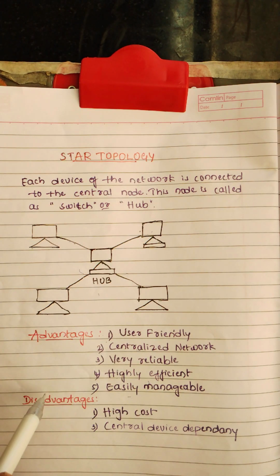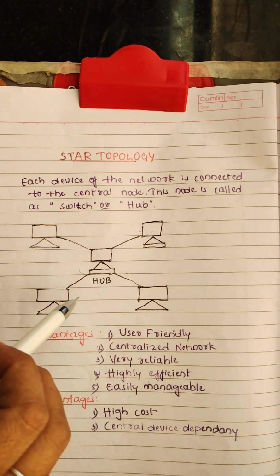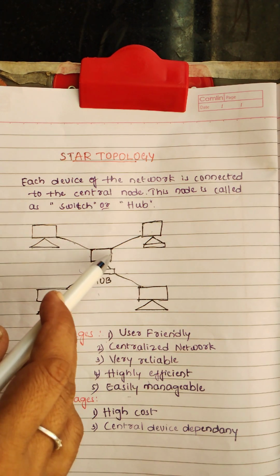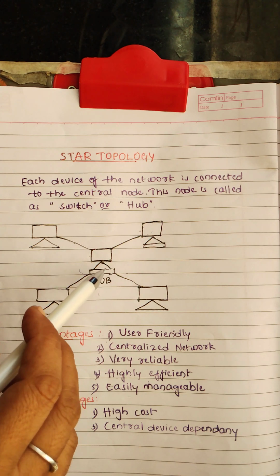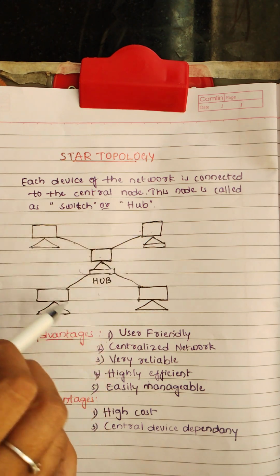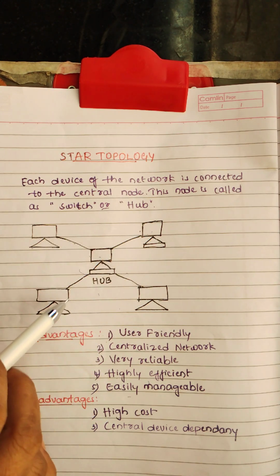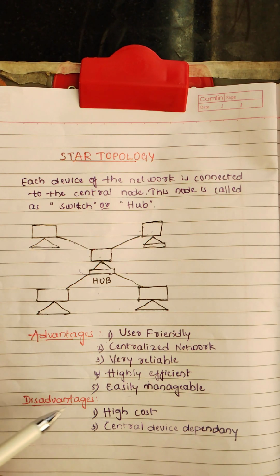It means that the entire network depends on the hub, and if there is any fault in the hub, then the entire network will go down. So these are the advantages and disadvantages of the star topology.